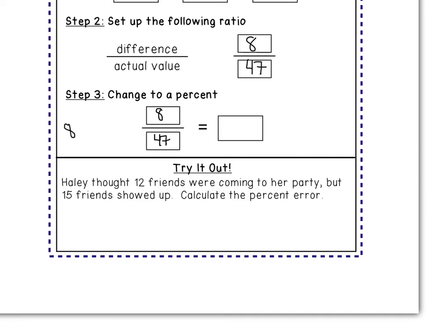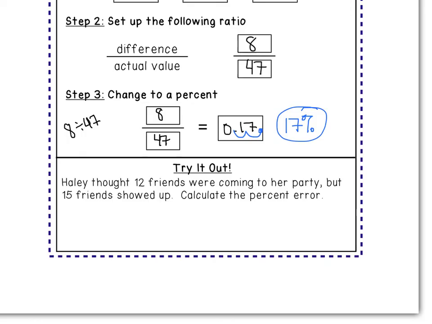So we're going to type into our calculators 8 divided by 47, which gives us a decimal very close to 17 hundredths. We're going to move that decimal 2 places to the right, which gives us a percent error of 17%. That means that we were 17% off on our guess. We were kind of close, but we were getting kind of far away.